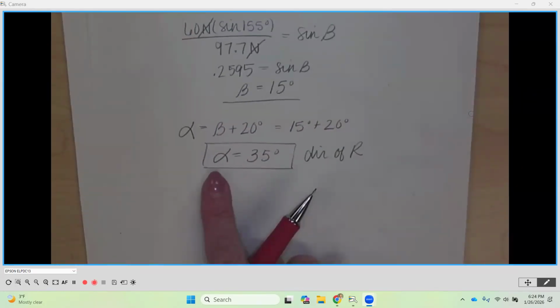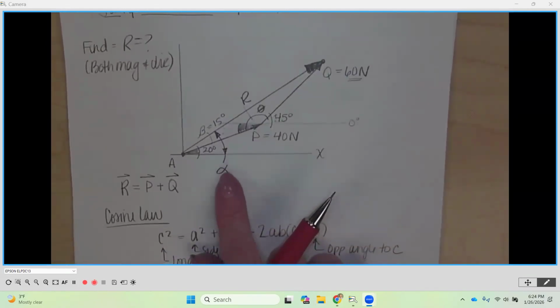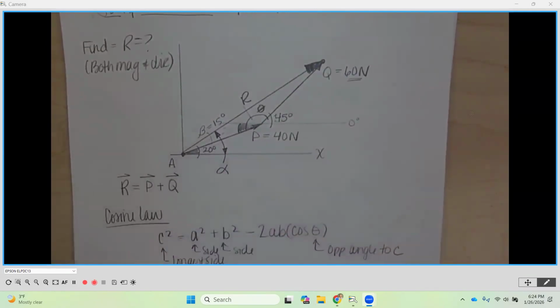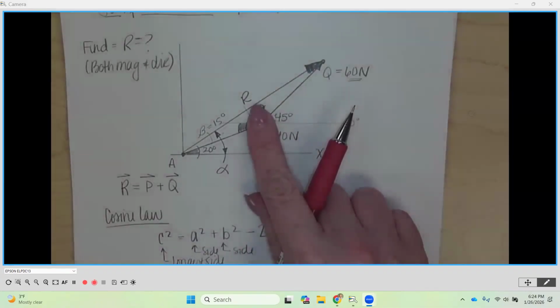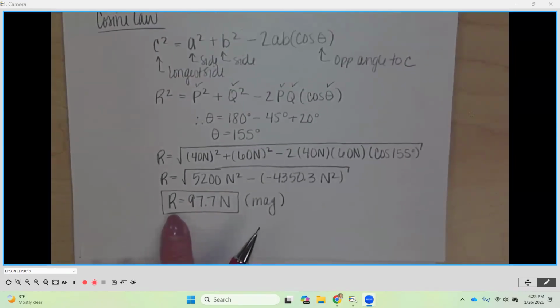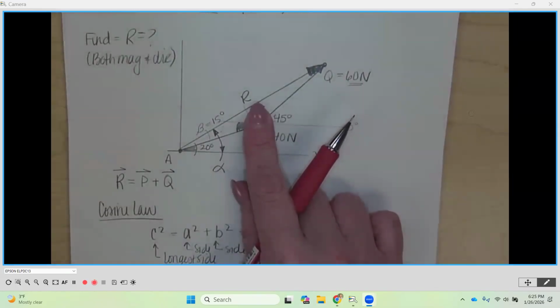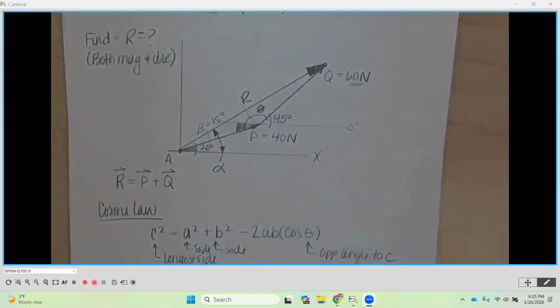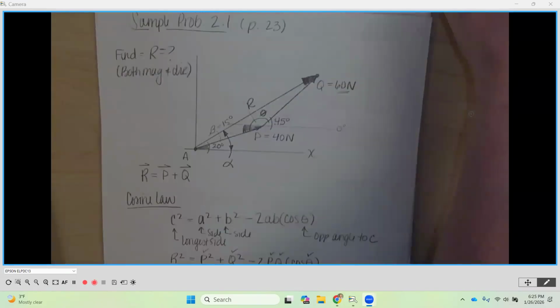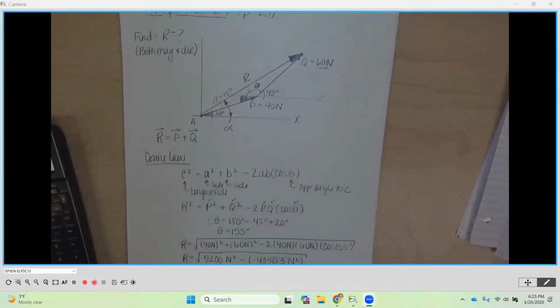If you have alpha called out here, I should be able to go to your diagram and see where alpha is located. If you're referencing the resultant, capital R, which I would expect you are, I better see a calculation down here with a capital R, okay? If you call a capital R down here and something totally different or nothing up here, that's not right, okay? So any questions on sample problem 2.1? Okay.